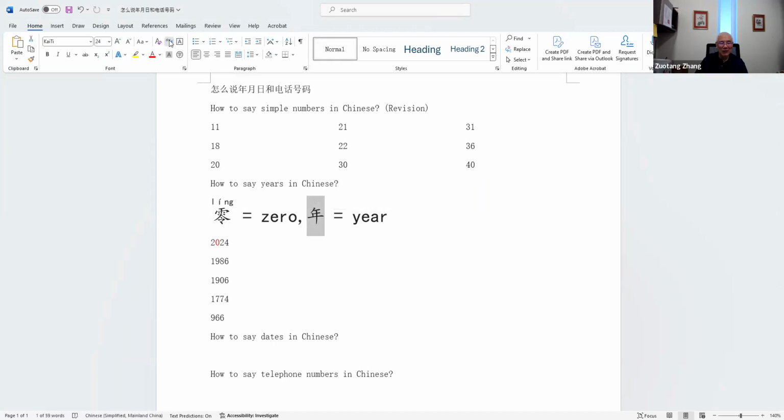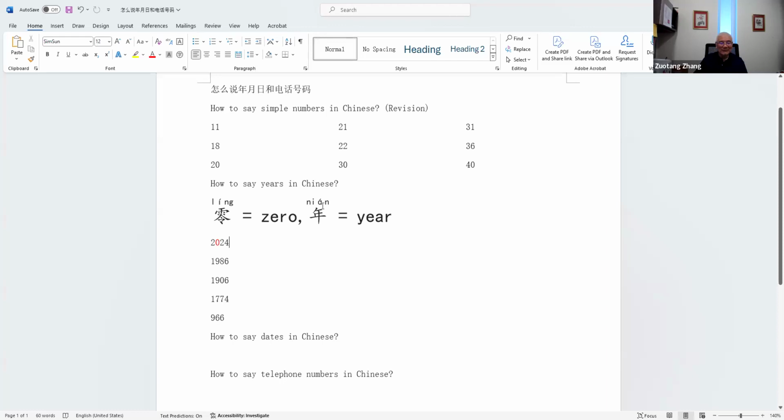I'm going to put the pinyin over it. So that's Nian. It's like Ni and A put together. Nian, Nian, Nian. And this is the L sound, Ling. All right, Ling and then Nian.